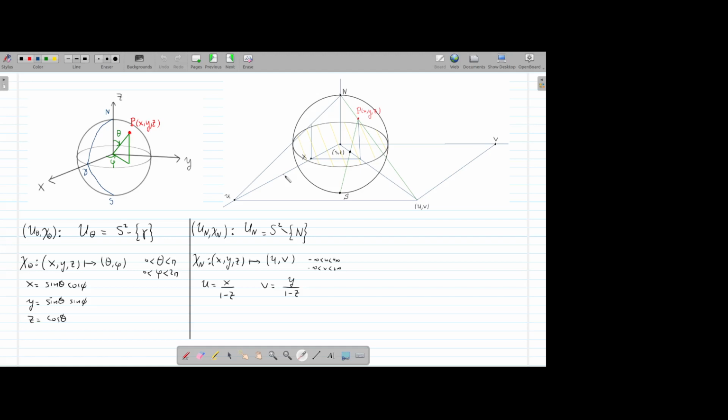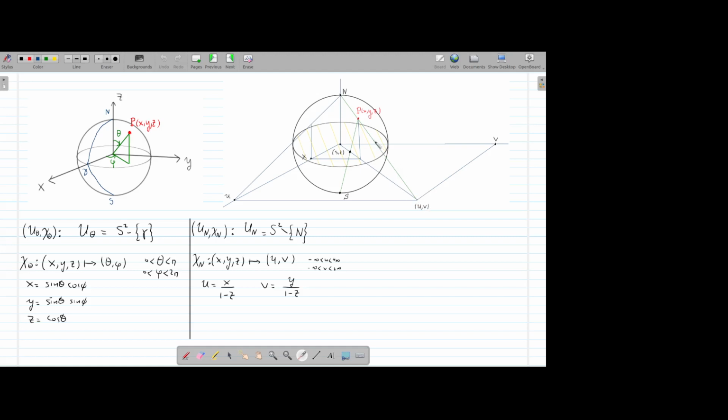So let's consider the line that goes through the north pole of the sphere here and the point P under consideration, and its intersection with the xy plane marked by the point (u, v), where u and v are the x and y coordinates of that point.